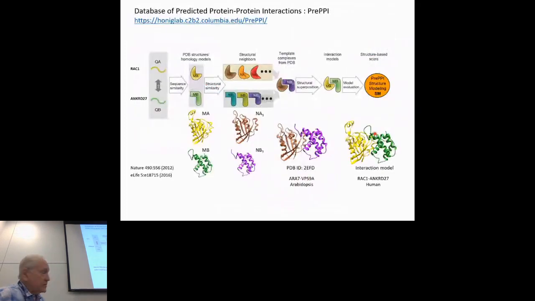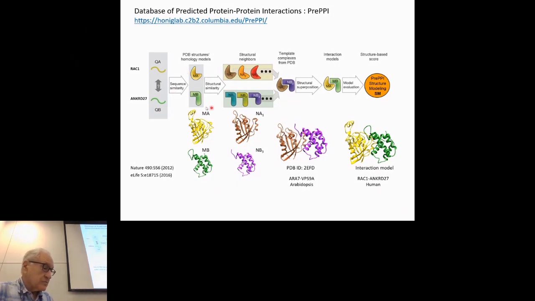Great. So this is an outline of the PrEPI algorithm. For those of you that are familiar with it, it's not pre-PPI, it's PrEPI, which has a second meaning. We start with two proteins. If we know their structures, we build models of those structures, and now we simply use AlphaFold.